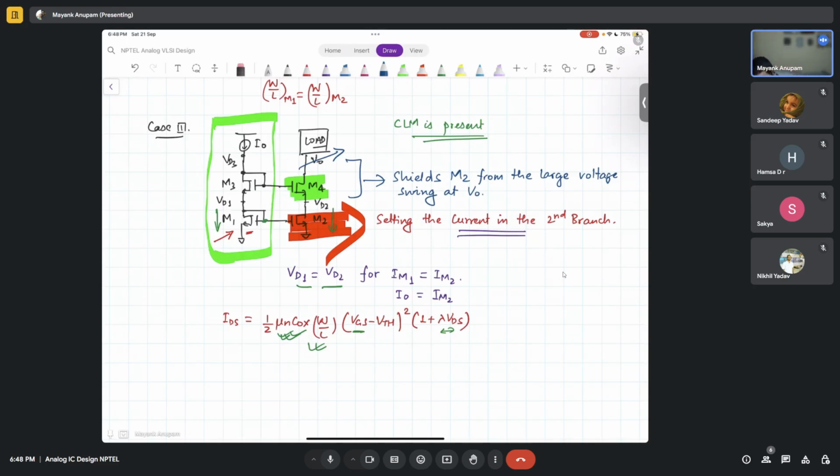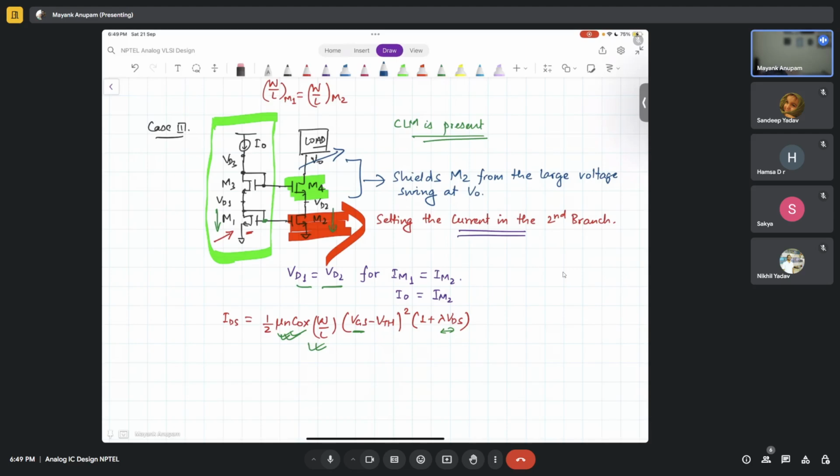However, if we can do something between V naught and VD2 so that whatever change is happening at V naught does not really impact the voltage VD2, then we can say that the current through M2 is remaining fixed, isn't it? And since the current through M2 is also the current through the whole second branch, we can say that in that case the current through the second branch will also remain fixed, right?